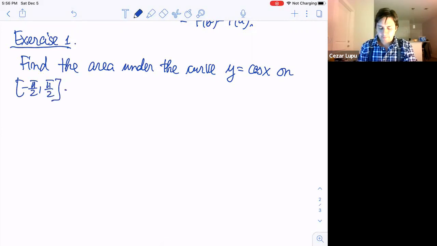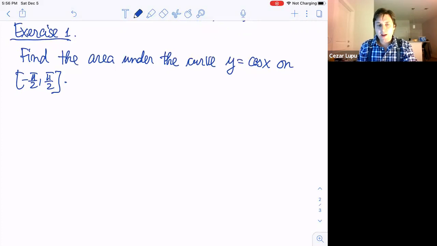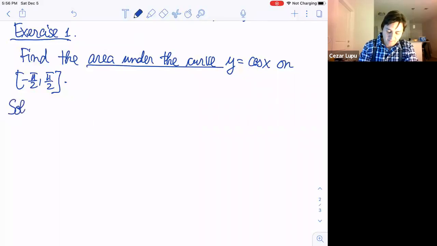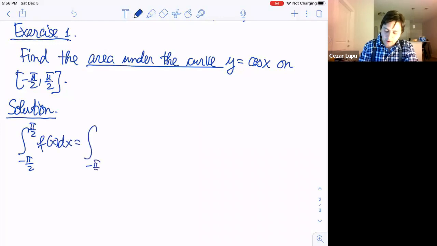All right. So the area under the curve, as you already know what this means, is nothing else than just the integral. So we have the integral from negative pi over 2 to pi over 2 of f of x dx, which in our case will be the integral from negative pi over 2 to pi over 2 of cosine of x dx.